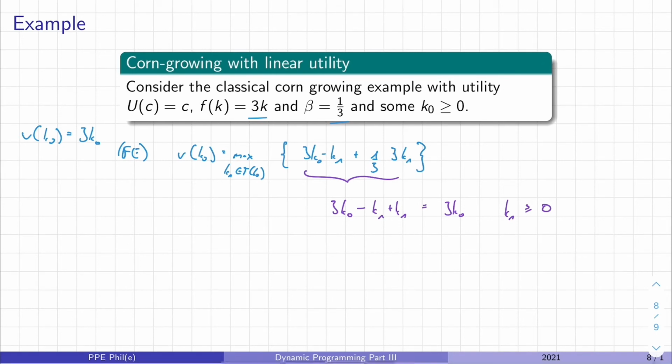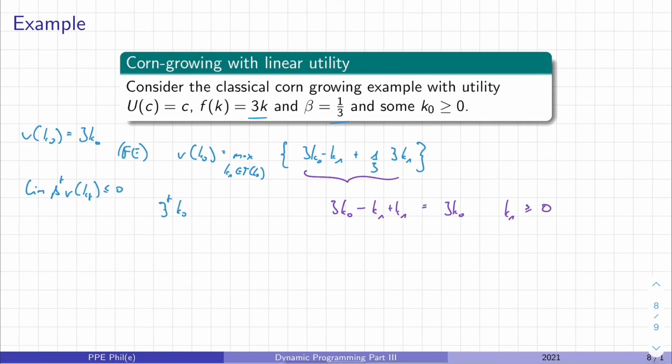Now, does our theorem 3 hold, which we said was that the limit of beta^t V of our candidate path equals 0? Well, this doesn't hold because the upper bound of our k_t is 3 to the power t k naught.